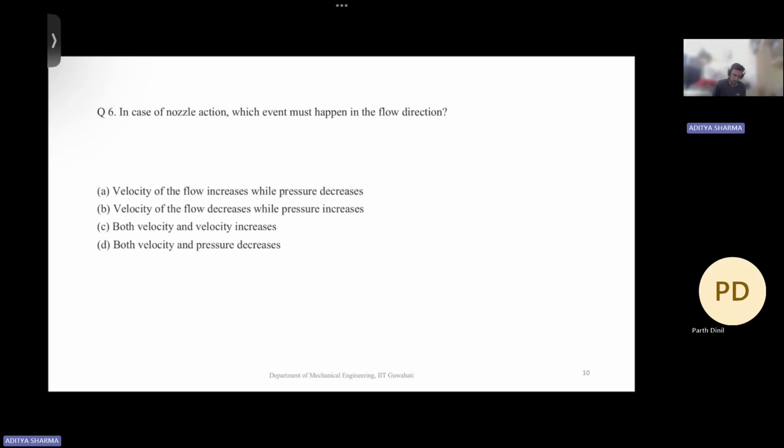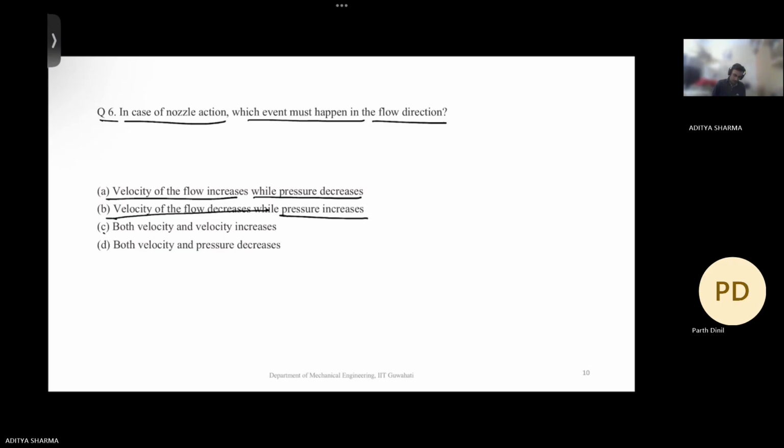The question says that in case of a nozzle action, which event must happen in the flow direction? First option is velocity of the flow increases while the pressure decreases. Velocity of the flow decreases while pressure increases. Both velocity and pressure increase. Both velocity and pressure decrease.